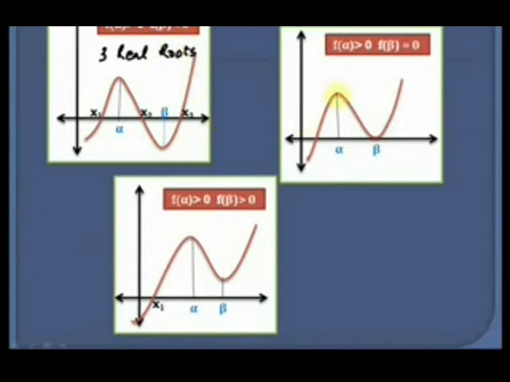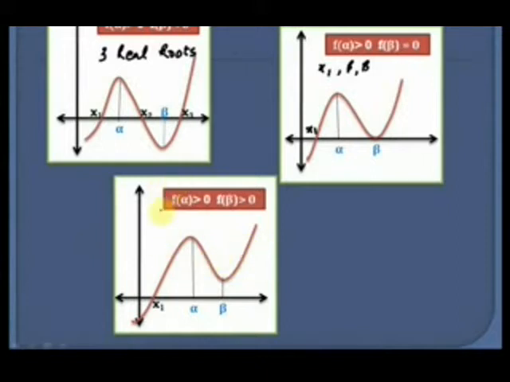The second case is f(alpha) is greater than 0 and f(beta) is equal to 0. So we see that here x1 is one root and beta corresponds to the equal root. So it has got three roots, x1 and beta, beta. Next is this case. Here we see that f(alpha) is greater than 0 and f(beta) is also greater than 0.